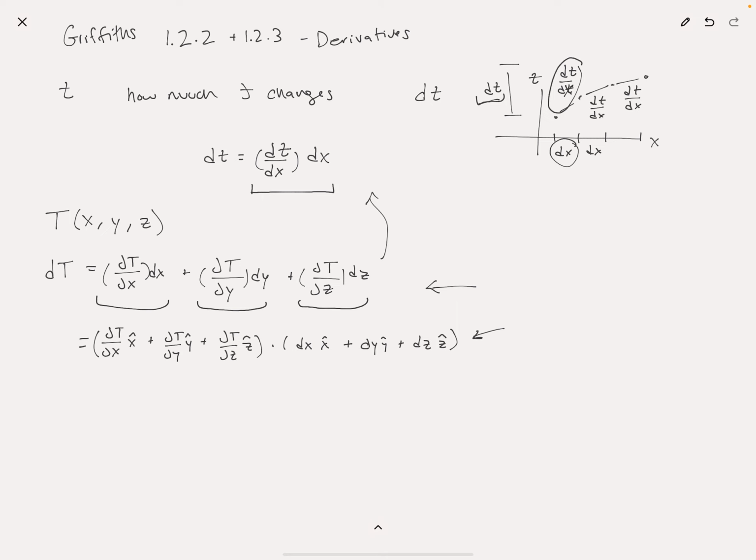Now that we've described the total change in my function as a dot product of two different vectors, let's go ahead and give those two different vectors names. This first vector we are going to call the gradient of my function, and it is dotted with the second vector, which we're going to call the infinitesimal displacement vector, dl.